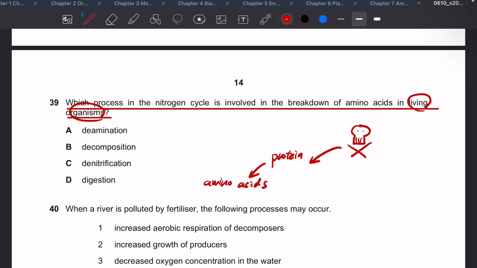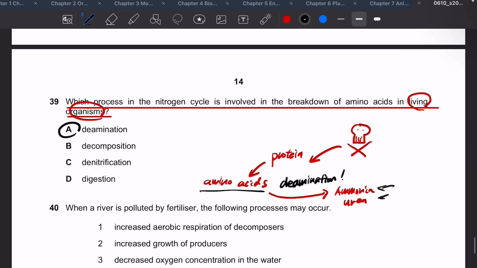And these amino acids get converted to ammonia or urea by the process called deamination. Okay? So converting amino acids to ammonia or urea is called deamination.